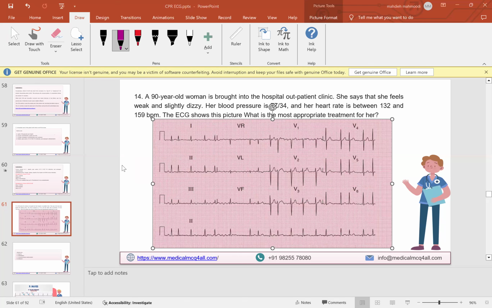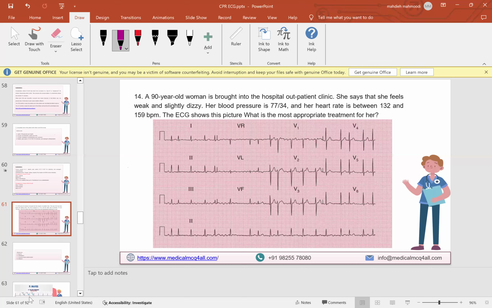Next. A nine-year-old woman brought into the hospital outpatient clinic. She says that she feels weak and slightly dizzy. Blood pressure 77/34. Heart rate something between 132 and 159. This is the ECG. What is the best treatment?